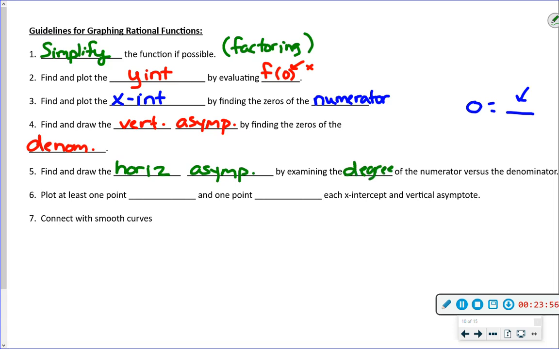And really, the next thing is just make yourself a t-chart. We're going to plot at least one point between and beyond our asymptotes. That's just your t-chart. And of course, make smooth curves. They're going to start asking us for some other things on this, like some domains, some ranges, some x-intercepts, some y-intercepts, all stuff we know. But I just thought I'd do a nice little summary.